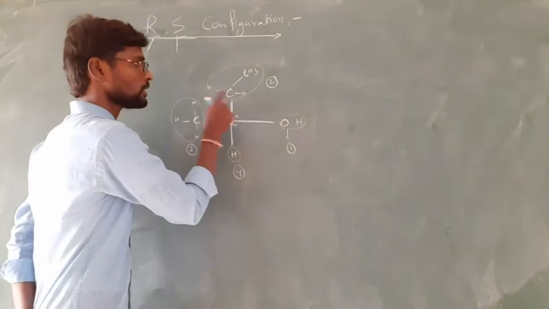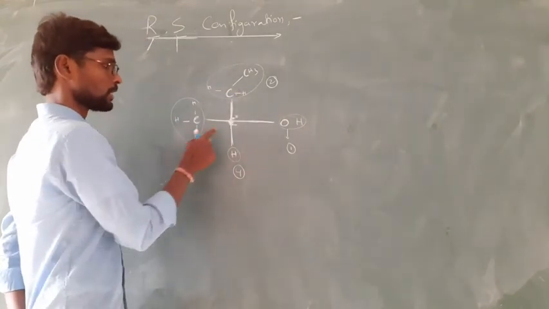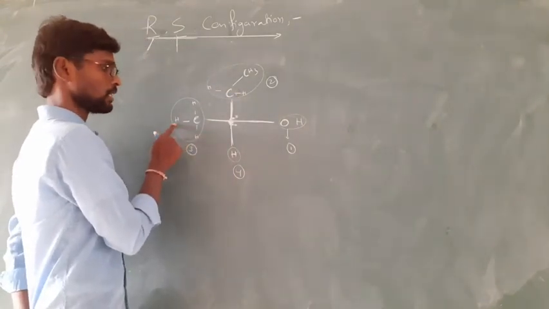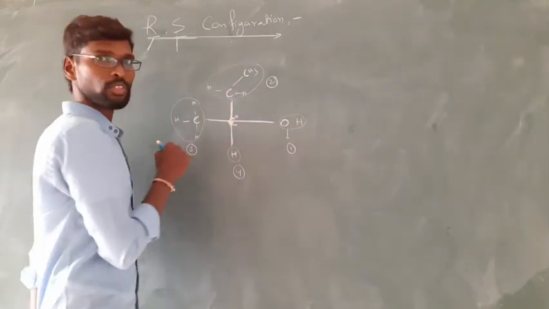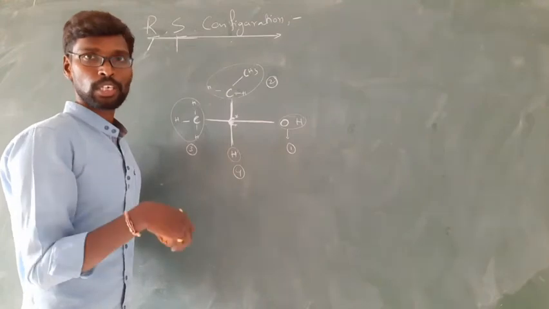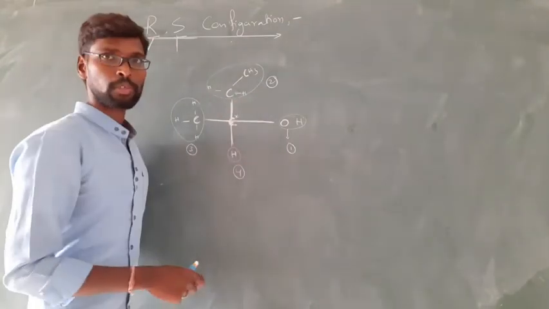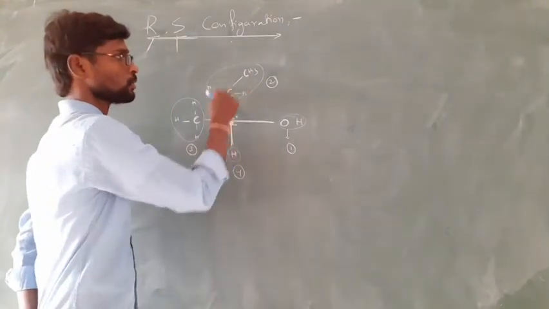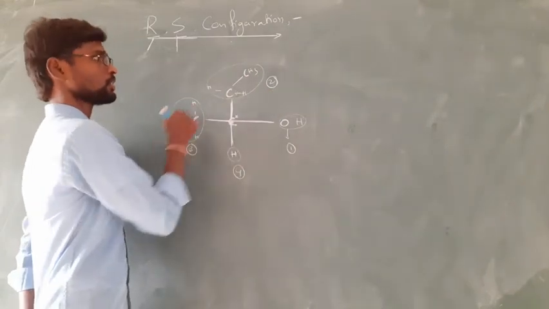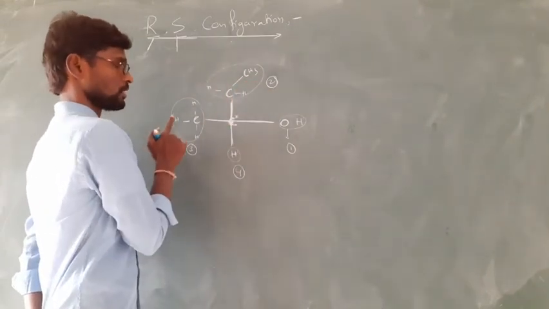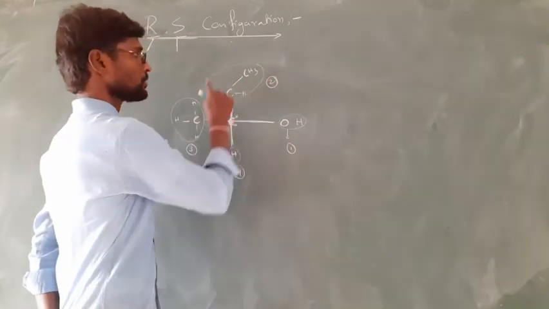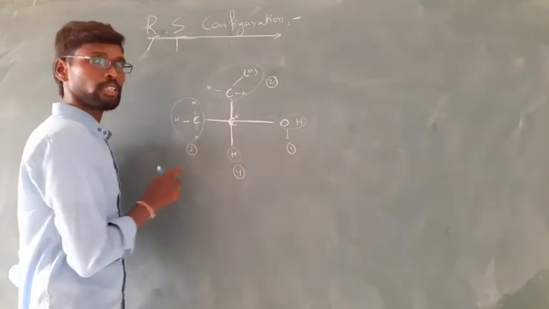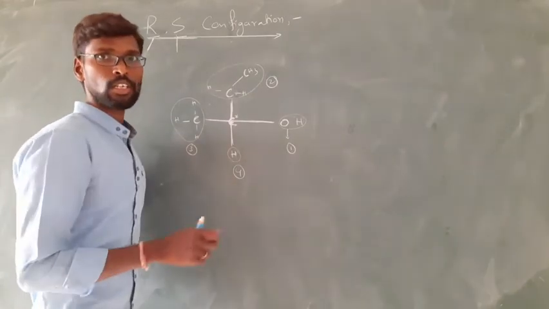Here 2 hydrogens, here also 2 hydrogens, but at the place of the third hydrogen we have carbon. Carbon has higher atomic mass than hydrogen. So the second number goes to the ethyl group, the third number to the methyl group, and the fourth number to hydrogen.